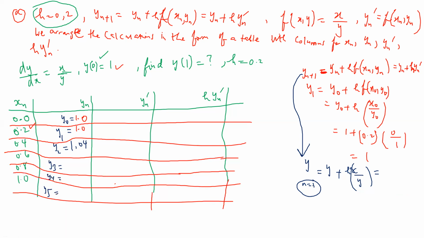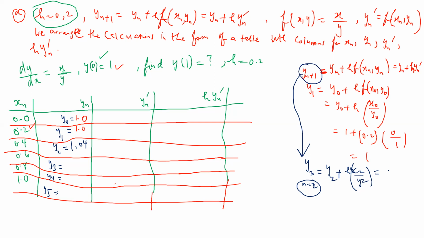So we're doing y3. If it's 3 here, it means n is 2. So if n is 2, then this one is going to be 2.